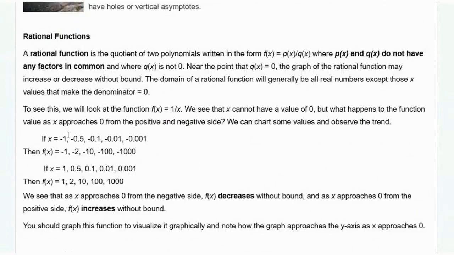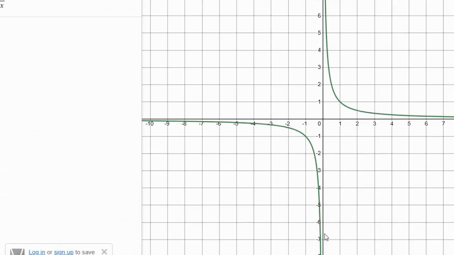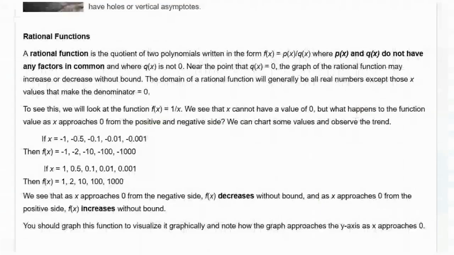It says, what happens as x approaches 0 from the positive and negative side? Well, we saw on here, it takes a sharp turn up and down. But if you just plug in numbers, when x equals -1, then the function equals 1 over -1, which is -1.